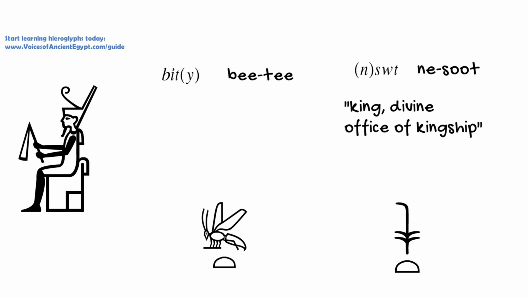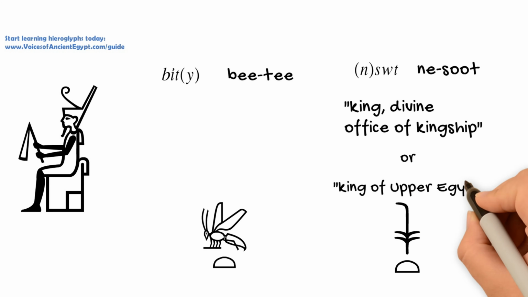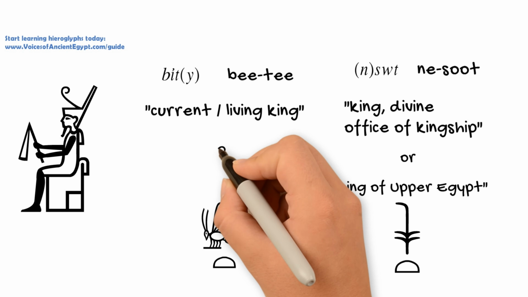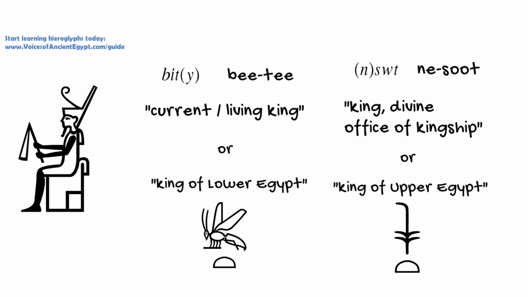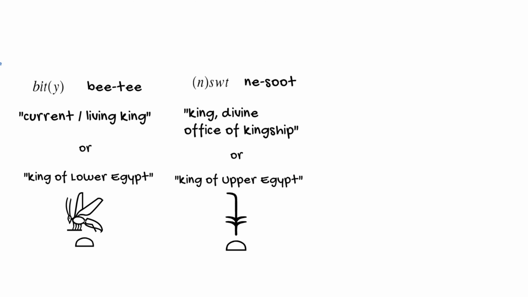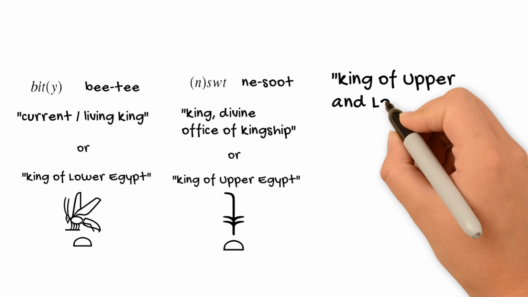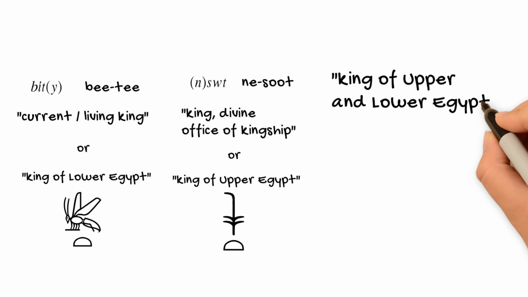Whereas with BT, you have a reference to Lower Egypt and to the actual particular king, holding the office. So you will see in older texts this translated as king of Upper and Lower Egypt because of the association of the sedge and the bee with Upper and Lower Egypt.